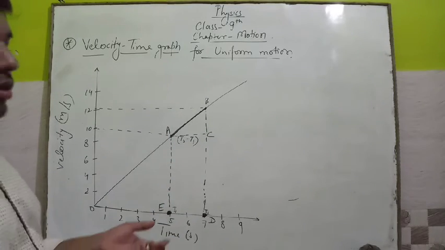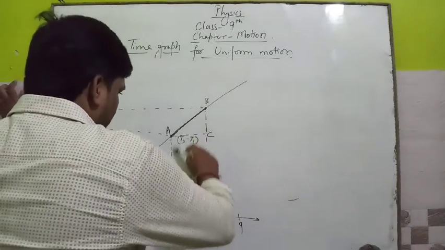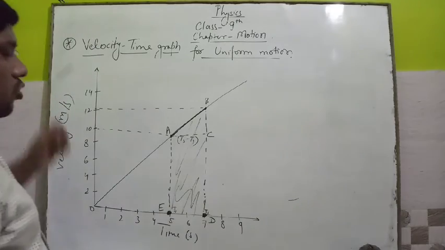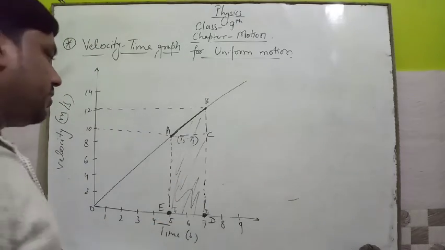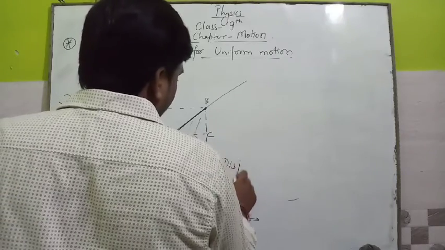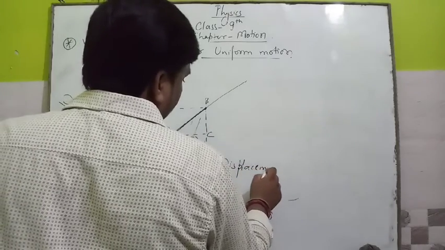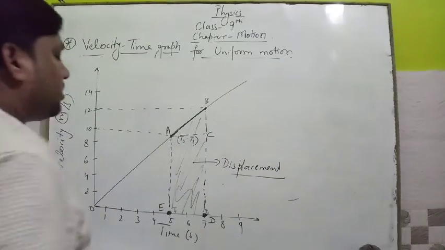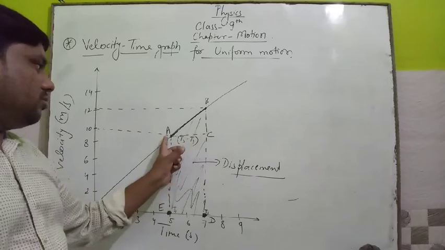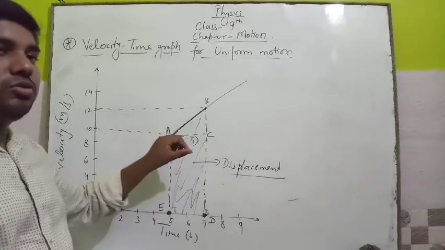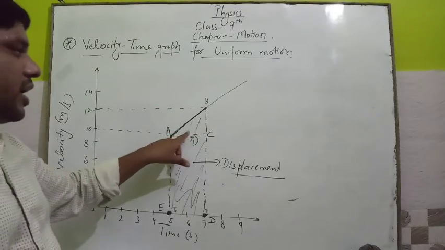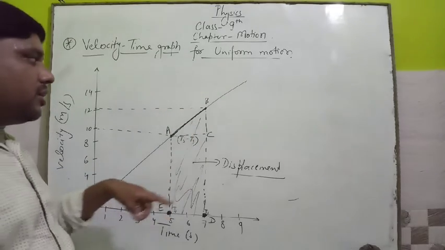Now we have to find the displacement. We know that the area under this slope will give the displacement. How do we find this displacement? First we make a line here and separate two figures: first one is a triangle and second one is a rectangle.